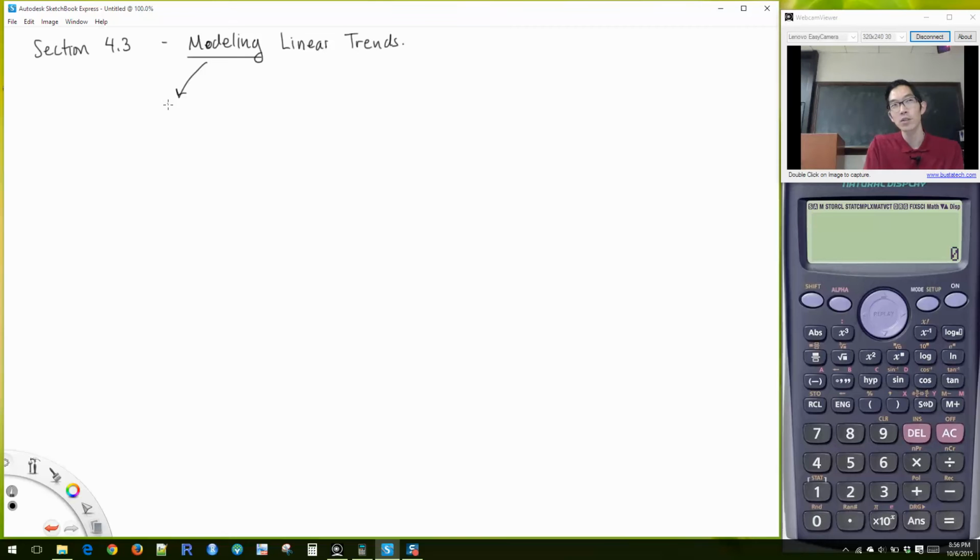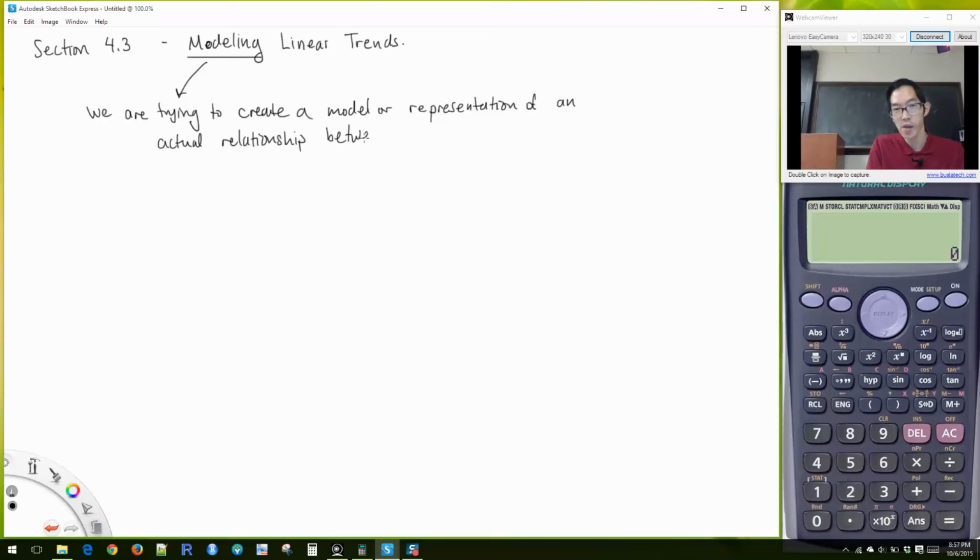We're trying to create a representation, or a model, of a relationship between two variables. So we are trying to create a model or representation of an actual relationship between two numeric variables.